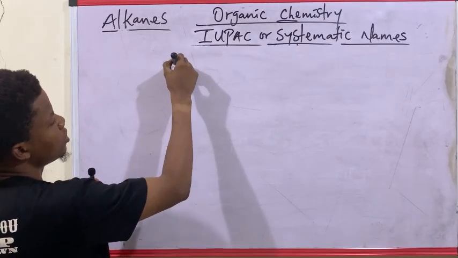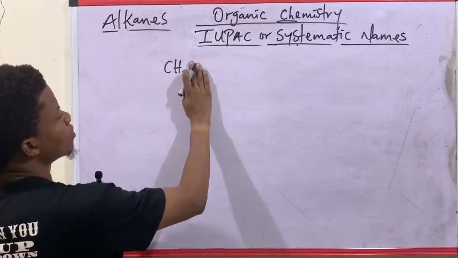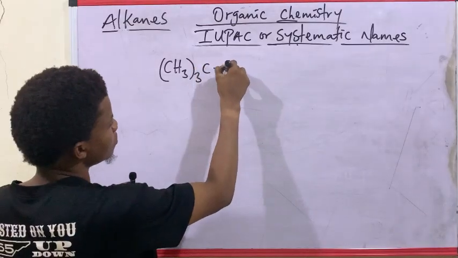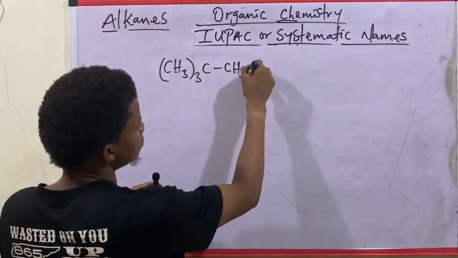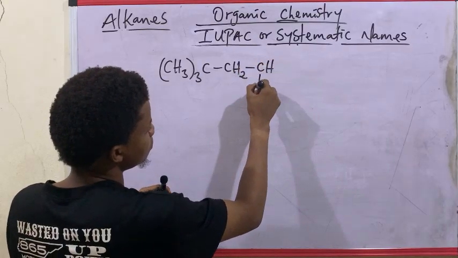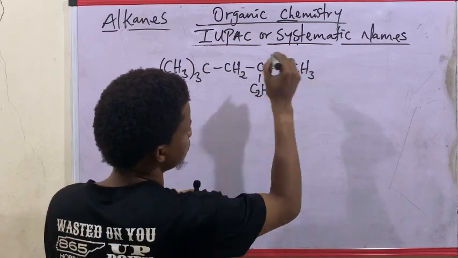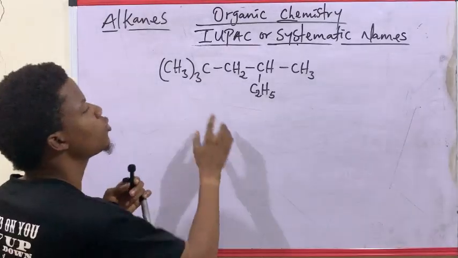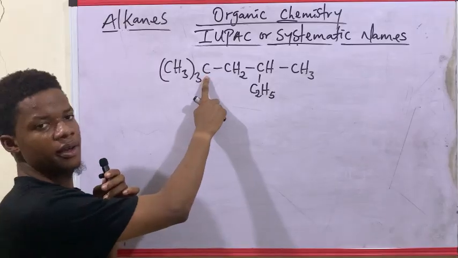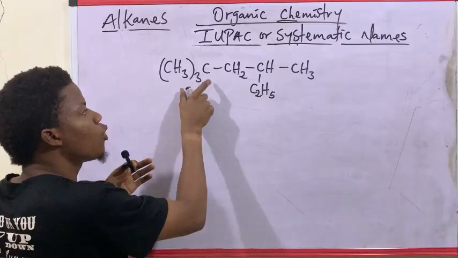We have this CH3. All right, so we have this compound, and I ask you to name it. Now this guy here, you have 3 methyl groups attached to it. So first of all, open this.